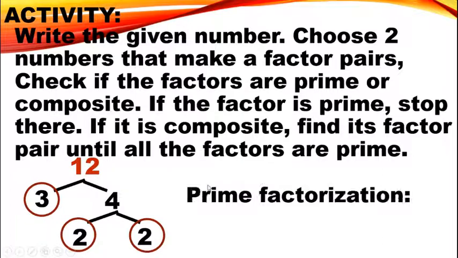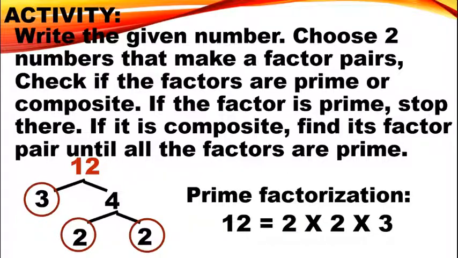So we can see that by getting the factor tree diagram of our 12, we come up with the prime factorization. So the prime factorization of 12 is equal to 2 times 2 times 3.